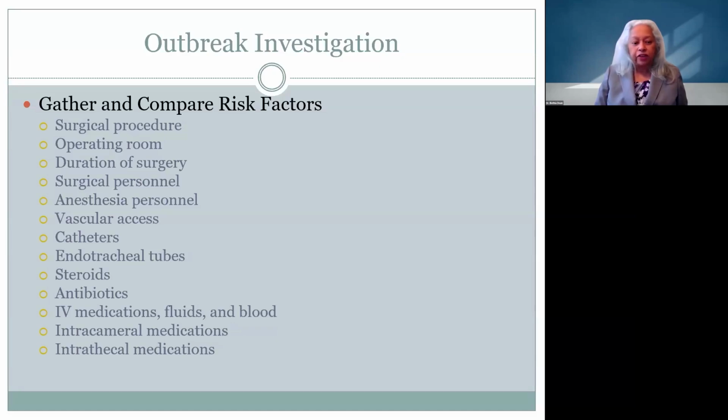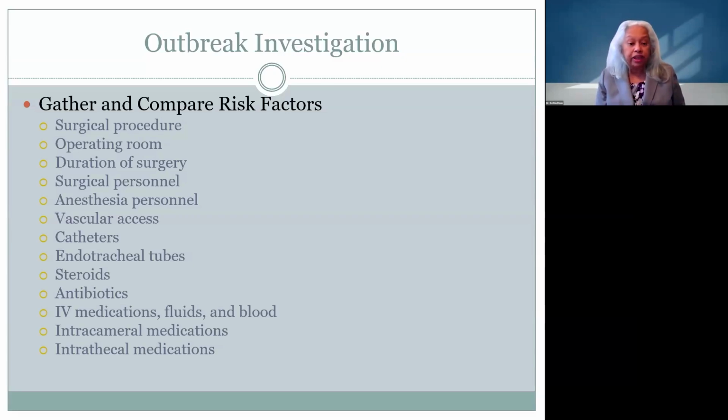Anesthesia personnel, vascular access, whether you're using an indwelling catheter or you're starting a peripheral IV. Any other catheters the patient has, Foley catheters, et cetera. Did the patient have an ET tube in?